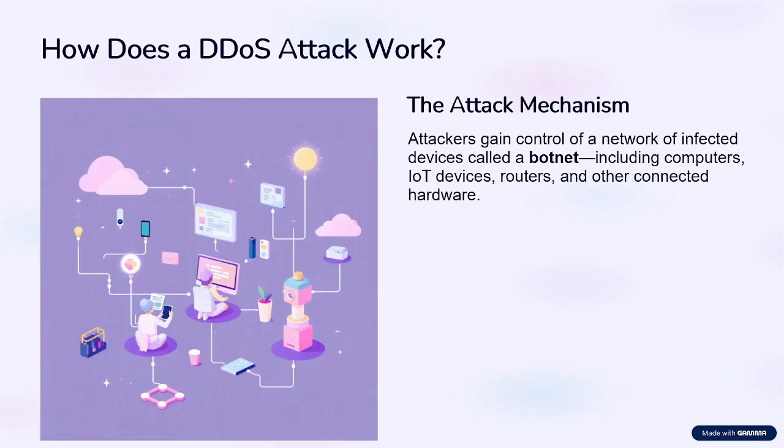These aren't just computers, they can include IoT devices, routers, and any other connected hardware, often compromised without the owner's knowledge. Each of these compromised devices then sends traffic simultaneously to the chosen target, overwhelming its bandwidth and processing capacity within seconds.